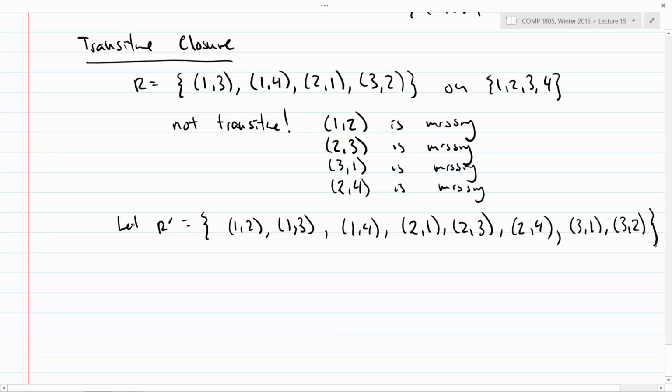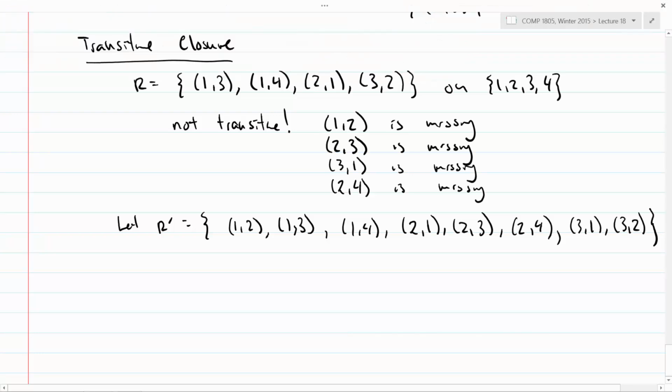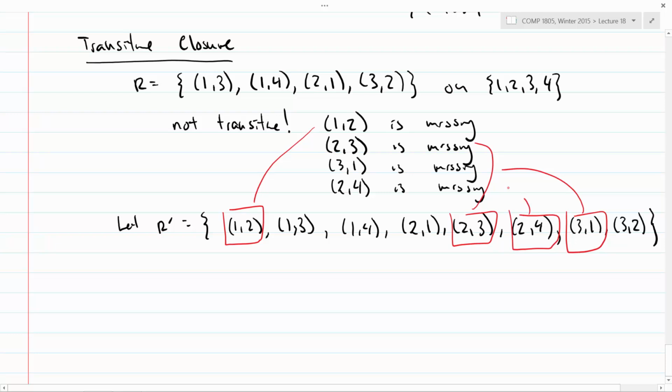So I'm just doing these in lexicographic order to make it look nice and be easier to work with. So what I did is I took the 4 original things I had and then added in the things I felt were missing. So those were 1, 2, 2, 3, 3, 1, and 2, 4. And then 4 remaining things are from my original set.